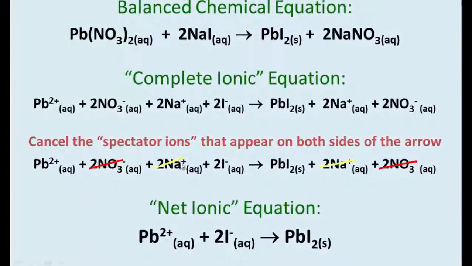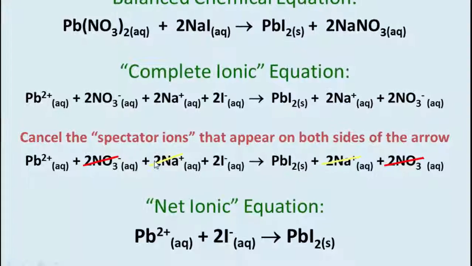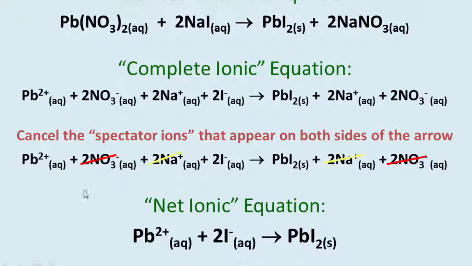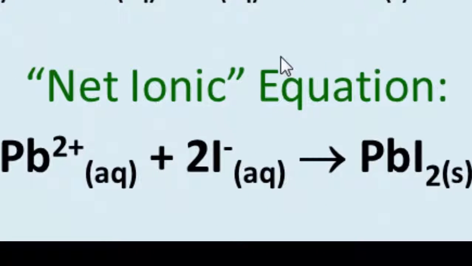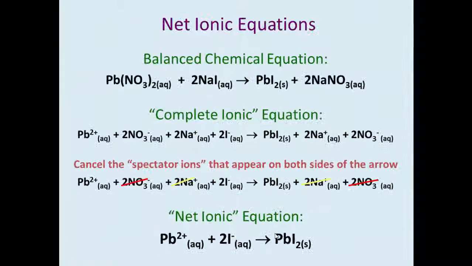And then we have a 2Na+ and a 2Na+. They can cancel out, leaving behind our Pb+2, our 2I−, and our PbI2. Alright? And that's what we have left. We just basically clean it up, and that we call our NIE, or our net ionic equation, and it's Pb+2 plus 2I− yields PbI2. And that's what you want to do.